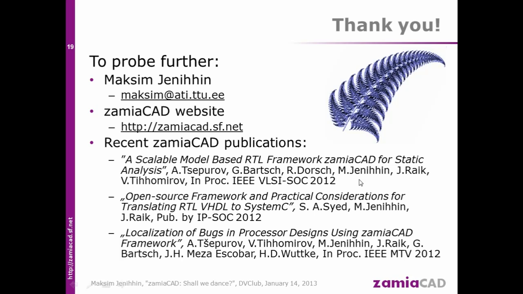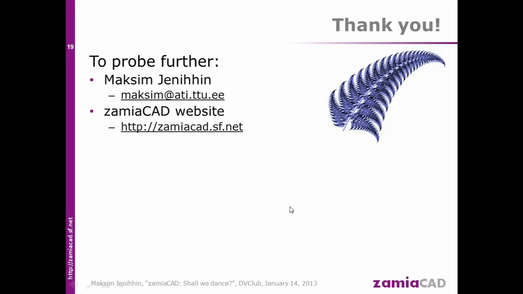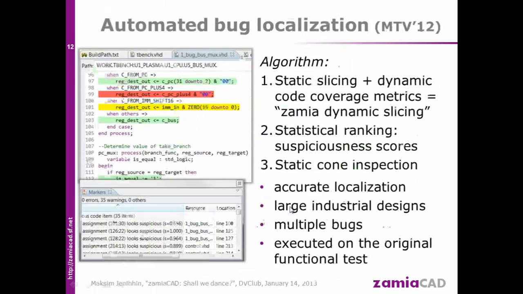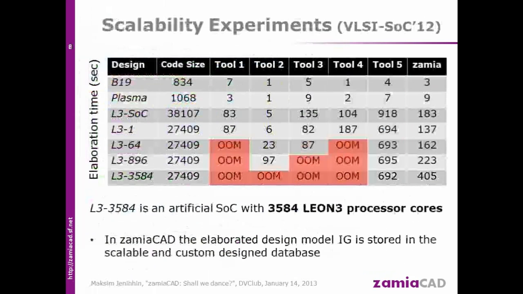What do the numbers actually mean on that table? It wasn't clear what the numbers meant. Okay, I'll come back to this table. So actually, these numbers are elaboration time in seconds. I had another table showing an amount of memory used by these tools, but I just removed it from this slide because I didn't have enough time to go into details. But actually, yes, it's true.